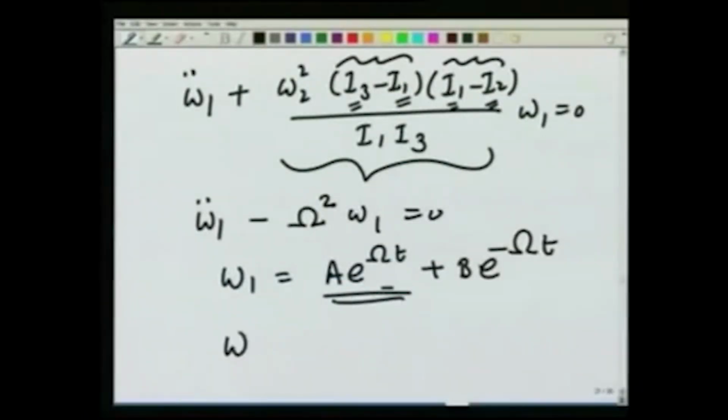You can similarly show that omega 3 would also be proportional to e raised to omega t. I will leave this as an exercise. Therefore if I give it a spin about axis number 2, which is the intermediate moment of inertia axis, omega 1 and omega 3 would grow, and you will see that the body after some time does not really rotate about only one axis, but it will rotate about all three axes.